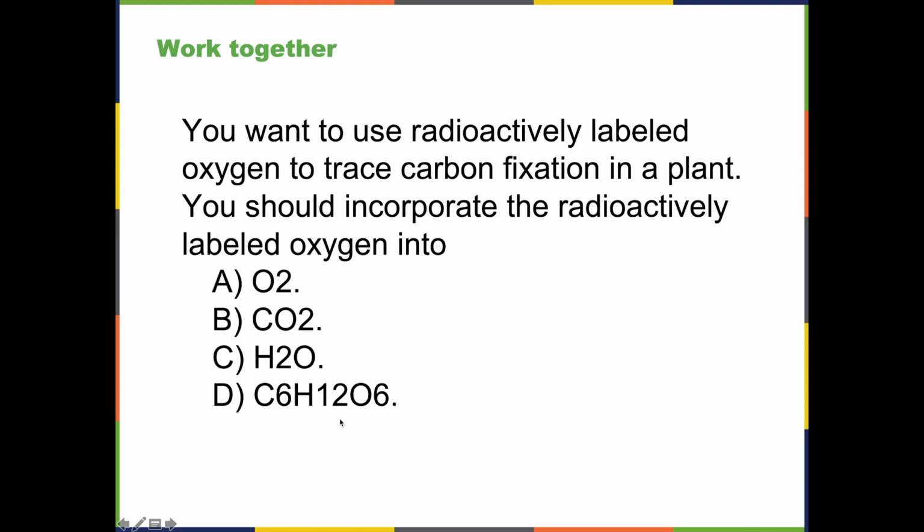No, glucose is a product that comes way after the Calvin cycle, because remember we get G3P and then it turns into glucose. But we want to trace carbon fixation, and the correct answer is B, because that's the only molecule that is going to go into the Calvin cycle, which is going to be processed so that we can follow the reaction.